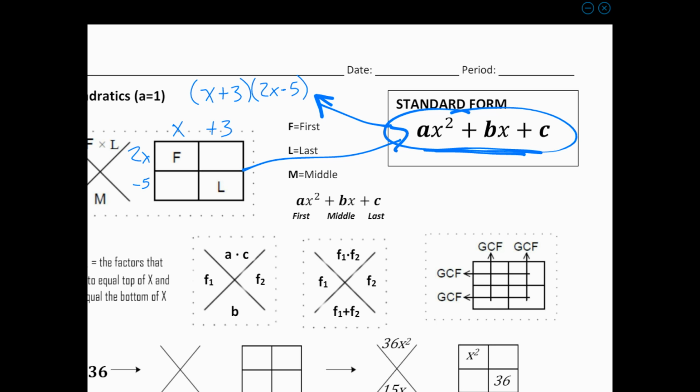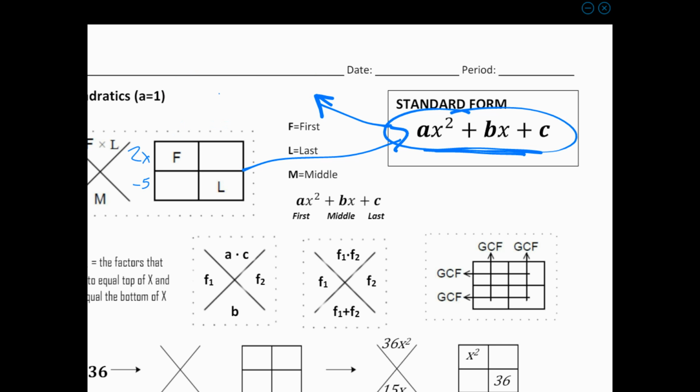Everything that's like terms has been combined and it's in the simplest form possible. This form right here would be called the factored form, where you have the parentheses and there's no powers. In the factored form for quadratics, you won't have any powers because it's not a quadratic if you still have powers once it's factored out.